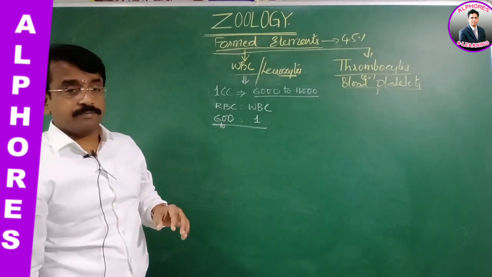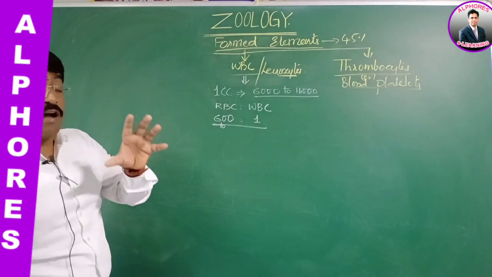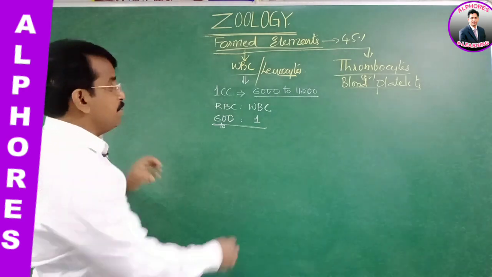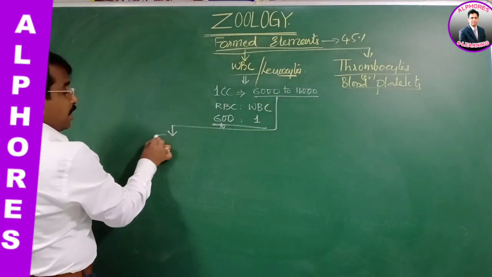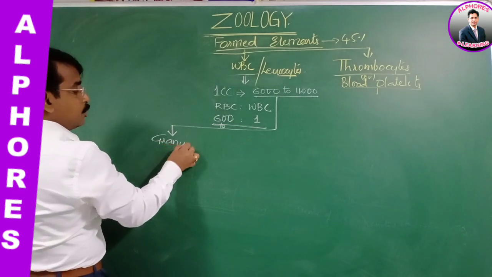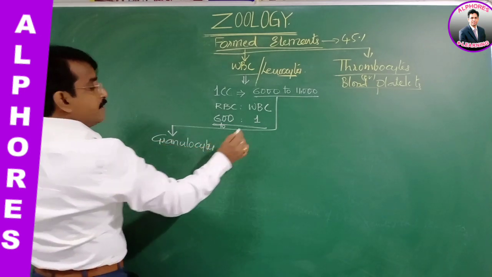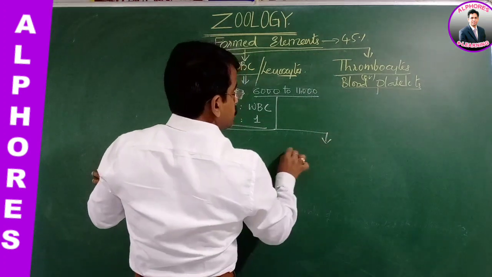WBCs have certain granules. WBCs are categorized as granulocytes and agranulocytes.